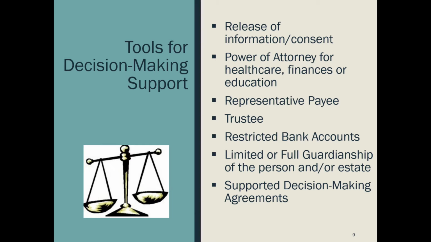So powers of attorney also designate who might be part of making decisions around healthcare. So even if our child didn't have a disability, say they were in an accident and ended up in the emergency room and weren't able to communicate their wishes, you need somebody else to do that. So really, we should all be doing powers of attorney for healthcare and probably finances, right? It isn't just about disability.